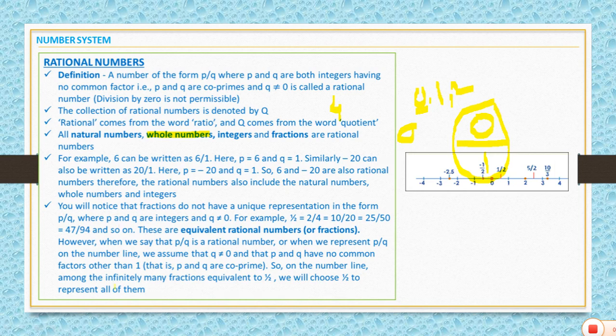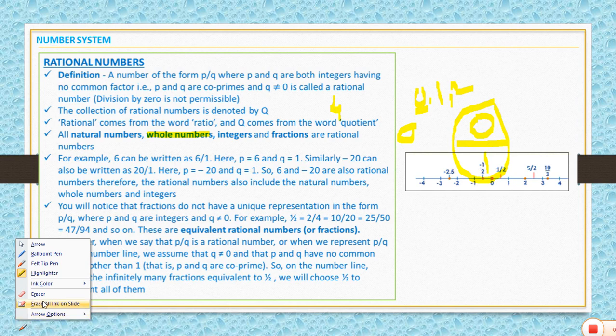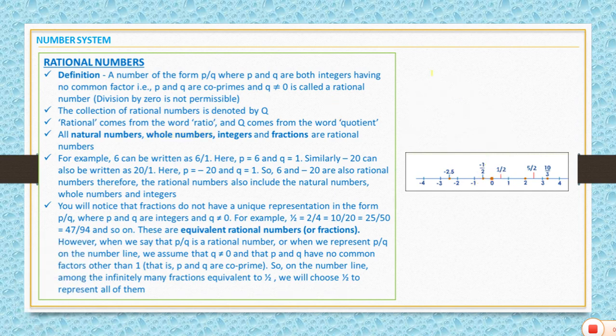Now take an example of integer. What are integers? Integers are negative numbers along with 0 along with positive numbers. They all form integers. Now if I take an example of -2, I can express this -2 in the form of P by Q. Right?